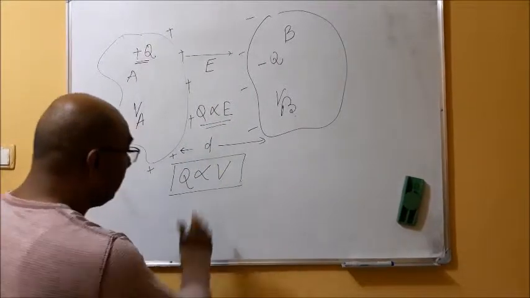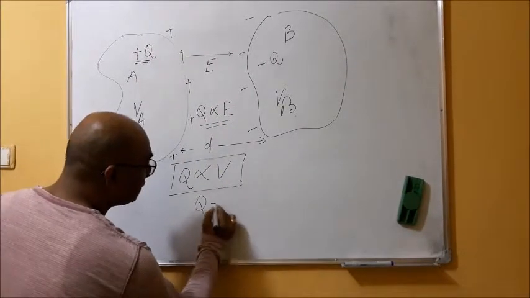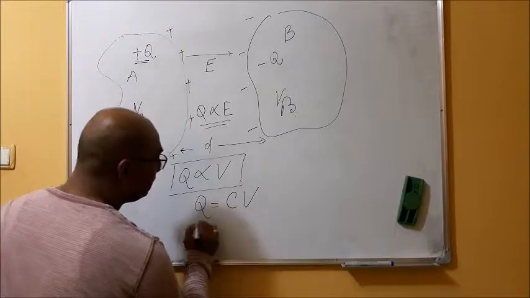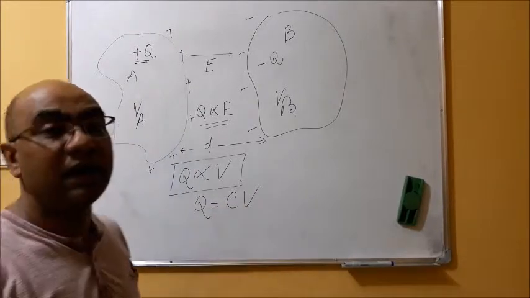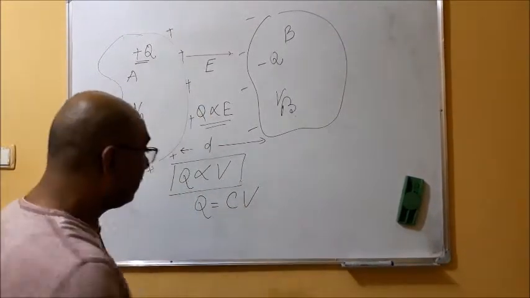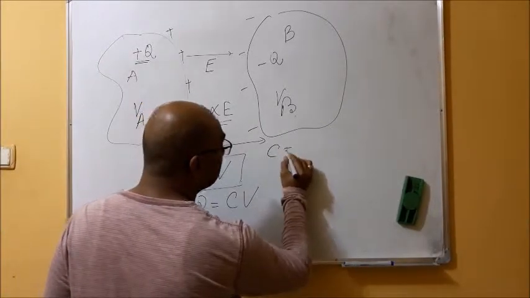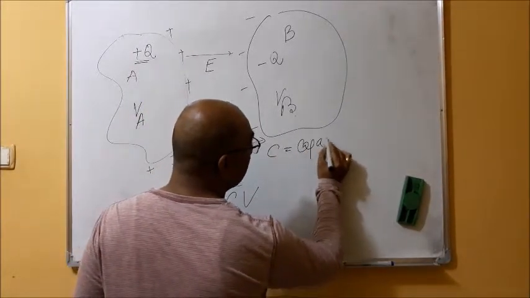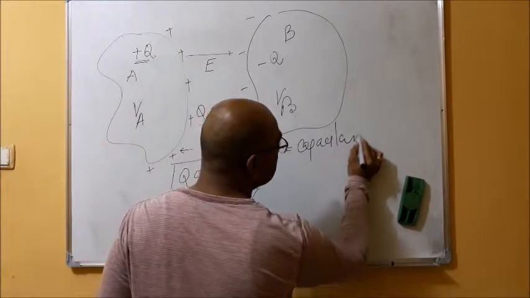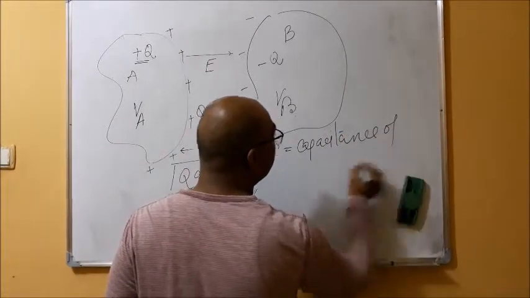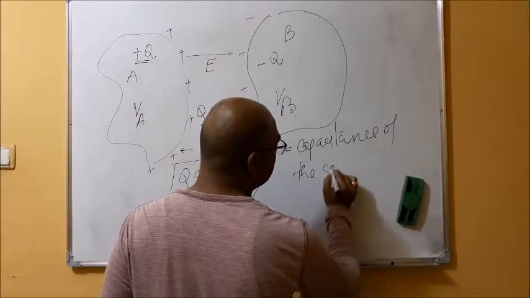If I use a constant here, I can write Q is given by CV, where C is a constant called capacitance of the capacitor.